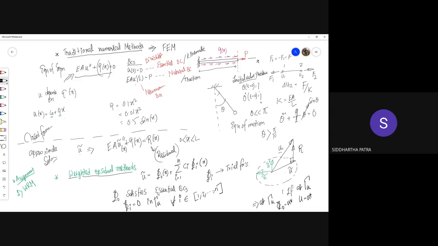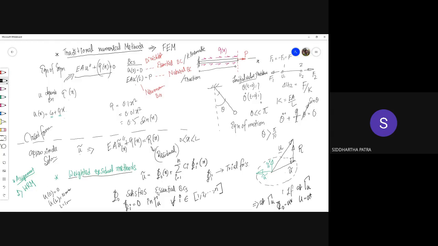Okay. Now, obviously, if I take an example where u0 is 0 and uL is 10 mm, and let's say L equals 1 meter.